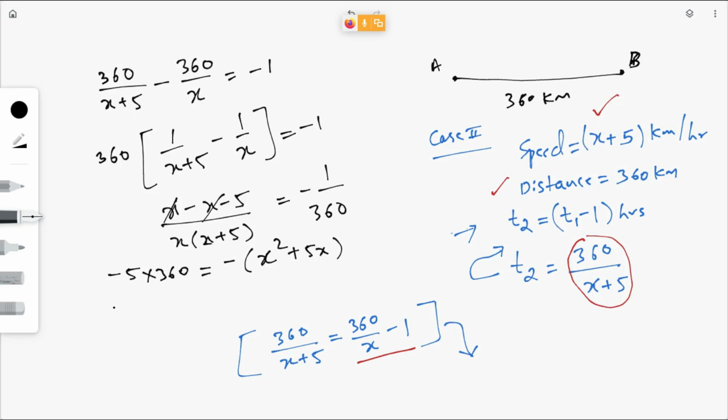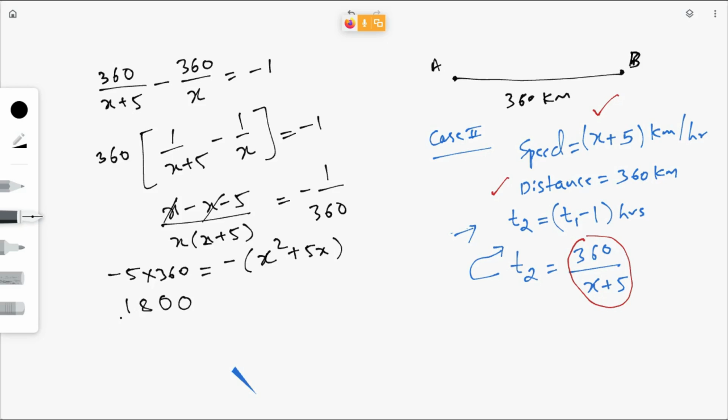Any doubts, any questions? 360 into 5 is 1800, so 1800 is equal to minus x square minus 5x. Now take these two here: x square plus 5x minus 1800 is equal to 0. So this is the required quadratic equation. Any doubts, any questions?